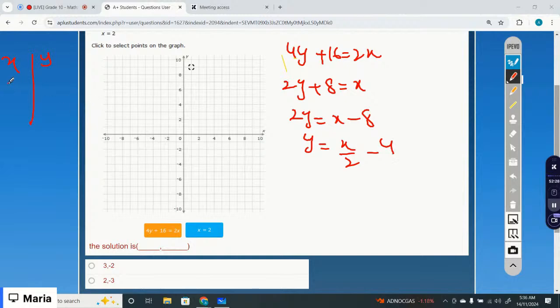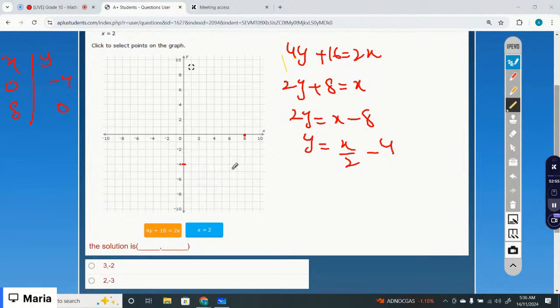So when x is 0, y is negative 4. Then when y is 0, x is 8. Let's just plot the line, right? So when x is 0, y is negative 4. When y is 0, x equals 8.